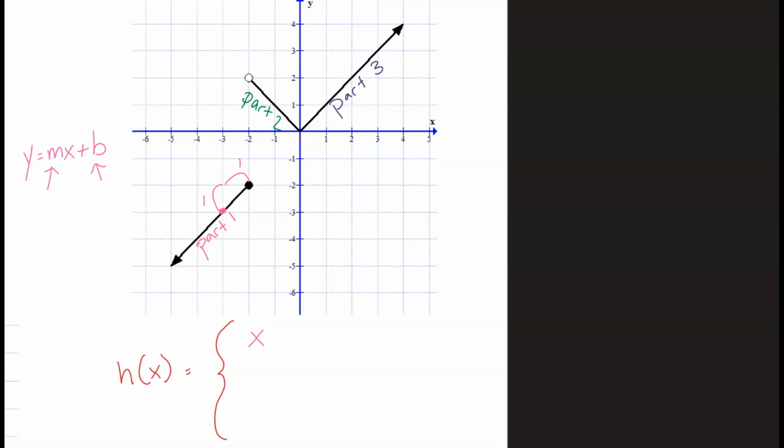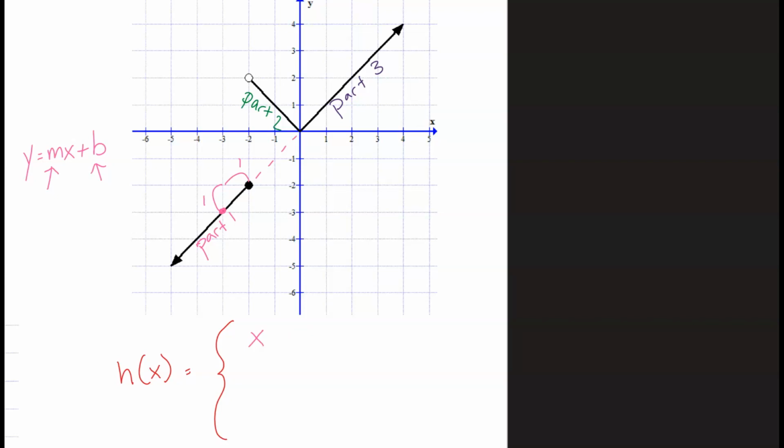Then I'm looking for my y-intercept. Clearly this portion of the line isn't touching the y-axis, but if we were to pretend that this continued on, we would see that this line intercepts the y-axis at 0. So here my b value is 0, but anytime we're adding 0 to something, it really does not need to be there. Anything plus 0 is itself. So our equation for part 1 is just x.